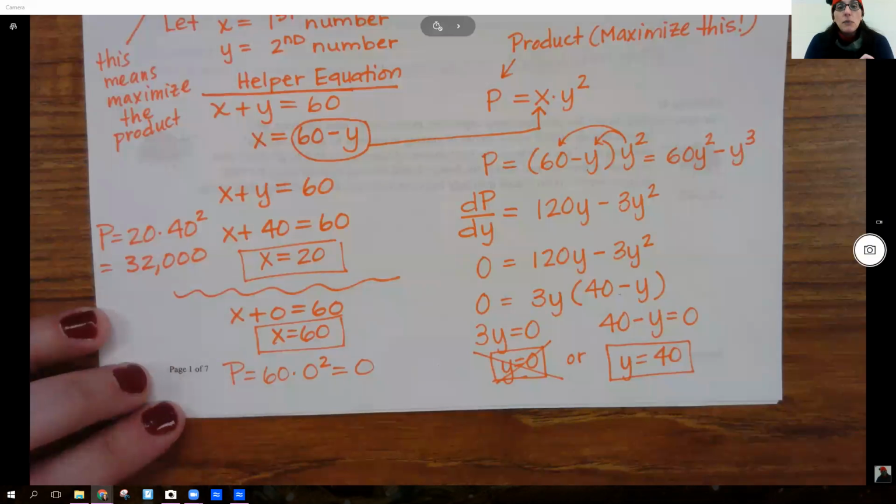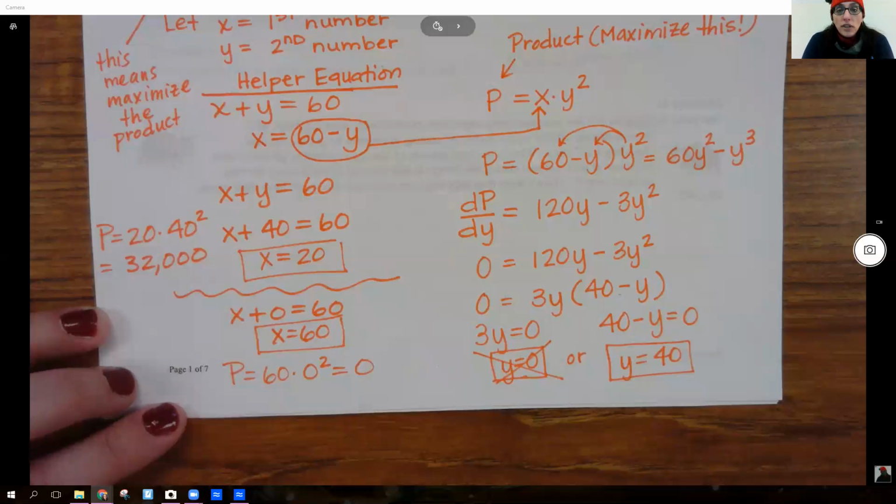So basically, the routine that you're going to follow is you're going to come up with the two equations. One of them is going to be your helper equation. It'll help you get the other equation all in terms of one variable, okay?